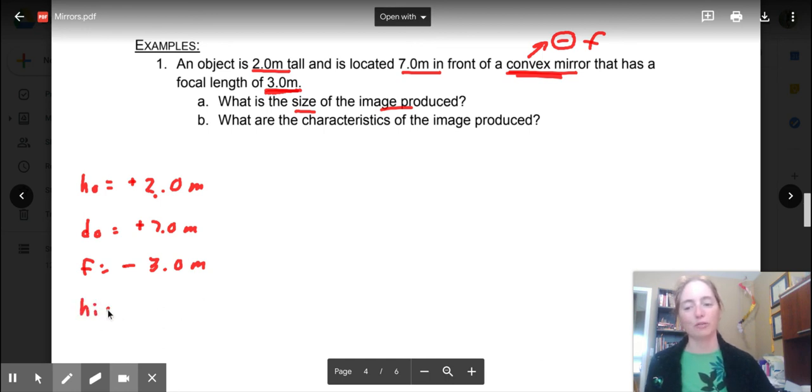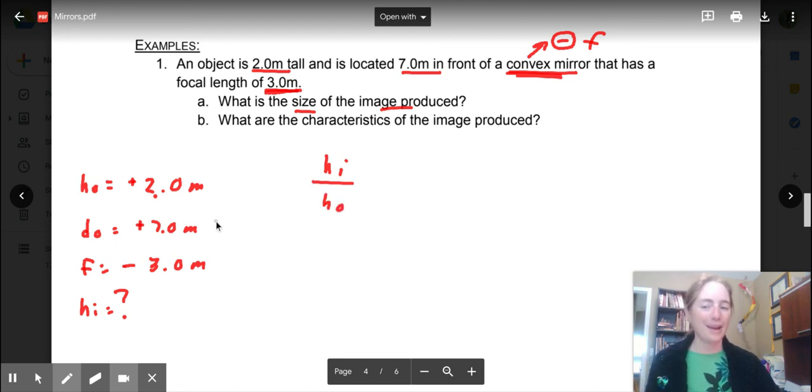That means we're looking for the height of the image. Well, let's look at our equations. We've got HO, we've got DO, and we are trying to find HI. Well, the only place we have HI is in our magnification equation. So I am going to need the HI over HO.